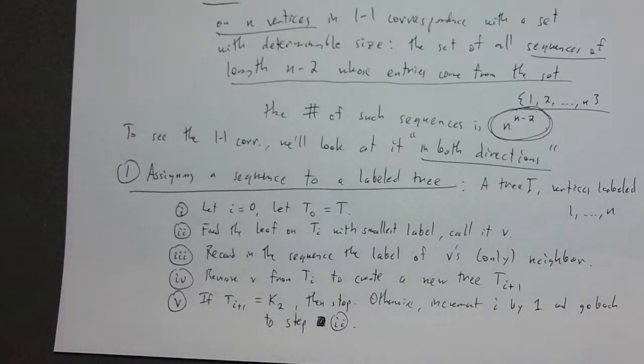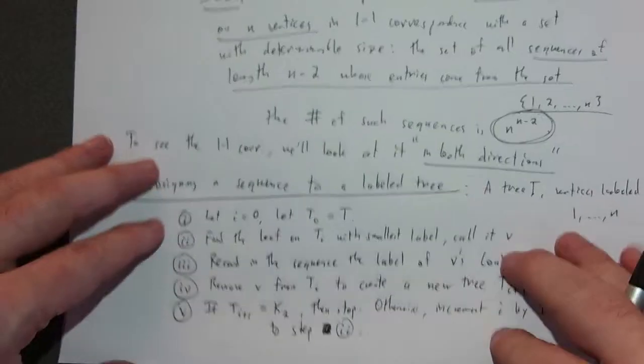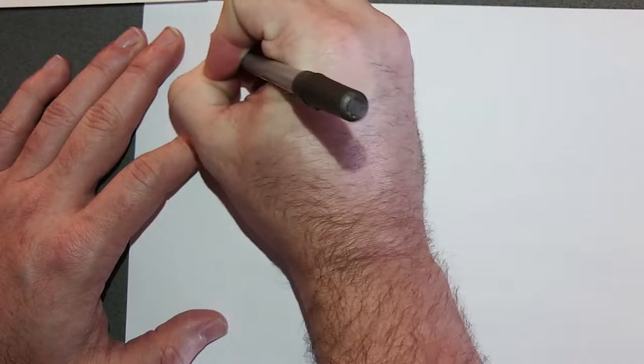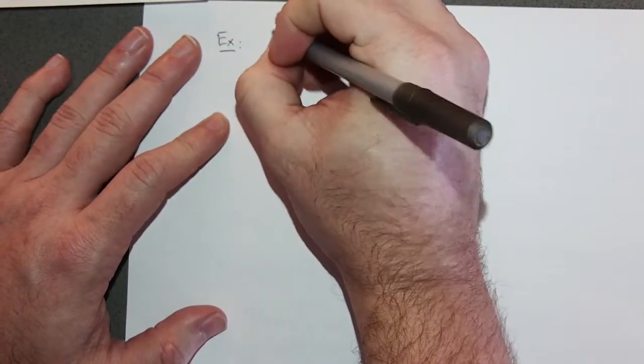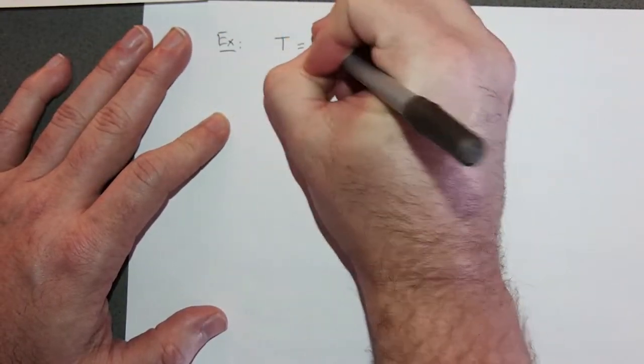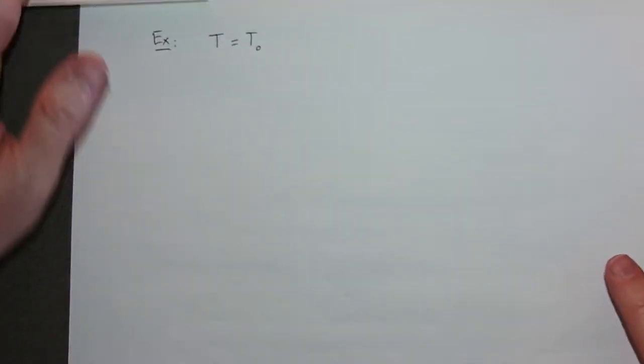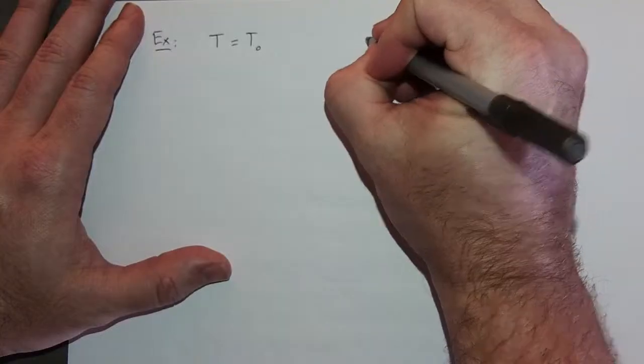Let's see how this works. Let me give an example. So the tree in question, which I'll call T naught, our initial step in this process, is the following.